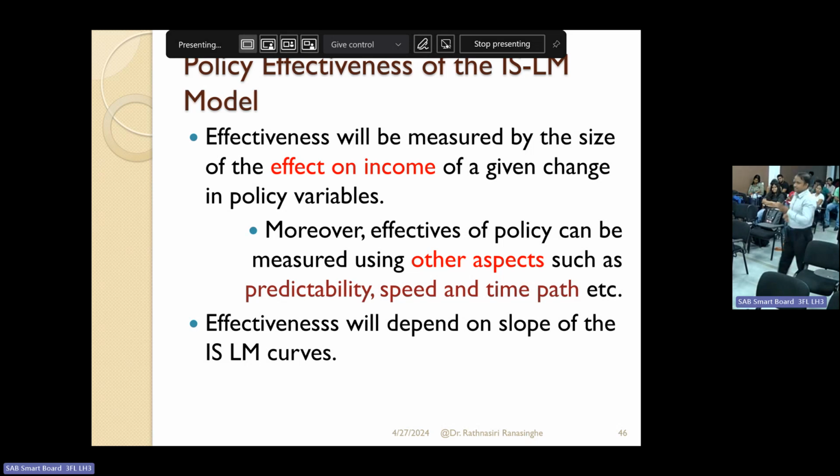Likewise, there are other factors: speed of adjustment, predictability of the policy, and the time track. You can use those, depending on the situation, to measure the effectiveness of the policy. But in our analysis, basically we look at the effect on income, not at the other aspects.